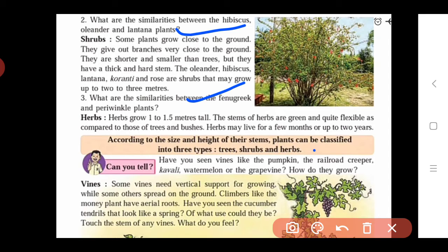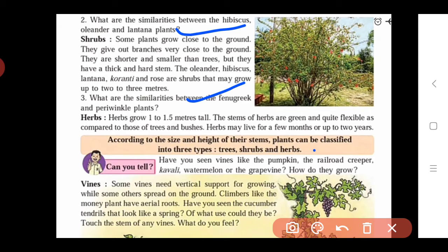We observe that such plants grow close to the ground, which means they have very short height. They give out branches very close to the ground. It is not like a tree, which has branches at a certain height from the ground; in shrubs the branches of the plant start from the earth surface.